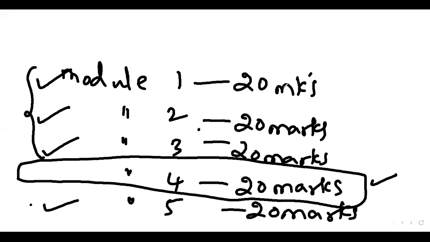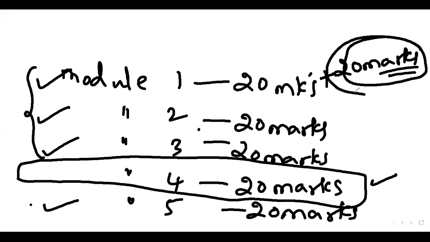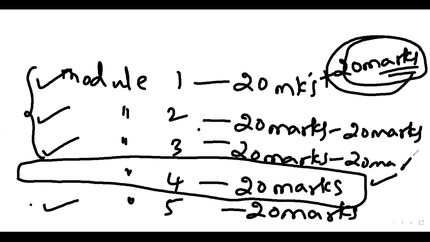Okay, so from one of the modules you'll be having an option. We don't know from which module it is going to be. Sometimes, I'm telling you as an example, it's not compulsory, 40 marks will be asked from module 1. It is not compulsorily the same. It can be 20 marks extra from any of the modules. Are you getting this? Either you can answer the first 20 marks or the next 20 marks.